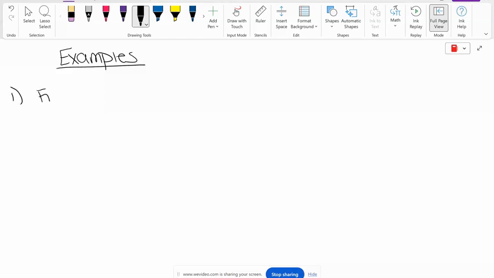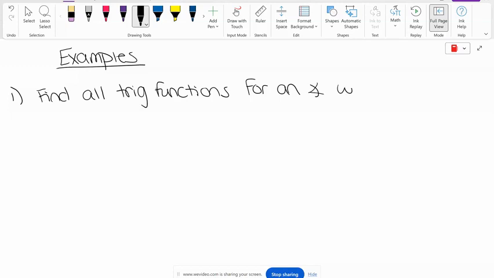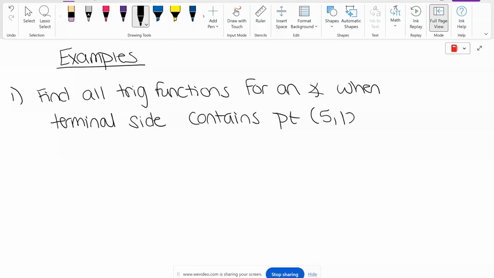I want us to find all trig functions for an angle whose terminal side contains the point 5, 12.